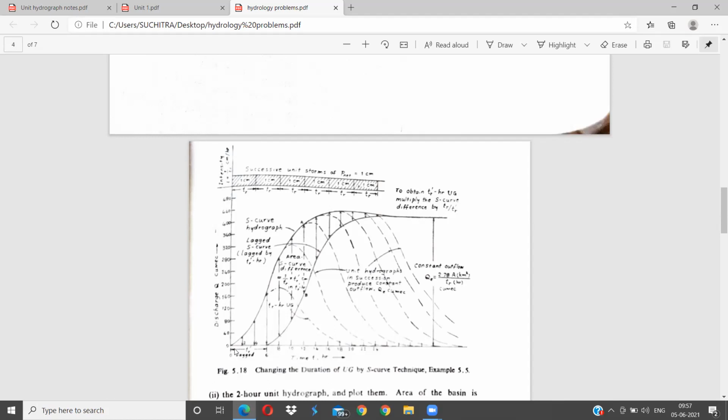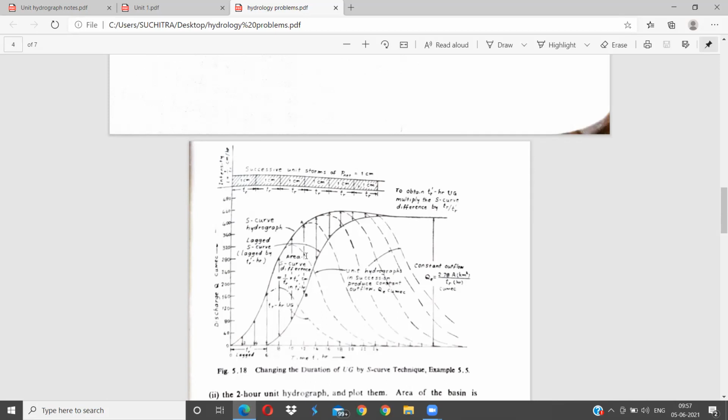Based on the time scale, you have to shift this S curve along the time axis. Now the S curve has been shifted here. Correct? Now you have to find the difference of the two S curve ordinates. Thereby you can change a short duration unit hydrograph to a longer duration unit hydrograph, or a longer duration unit hydrograph to a shorter unit hydrograph.